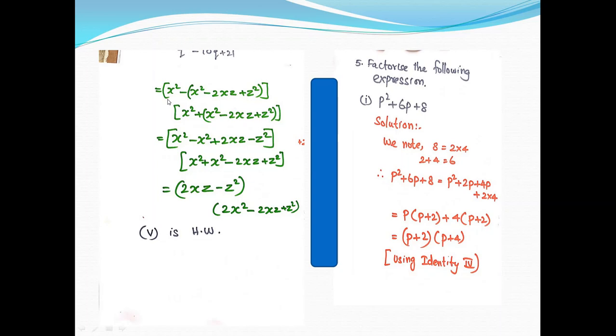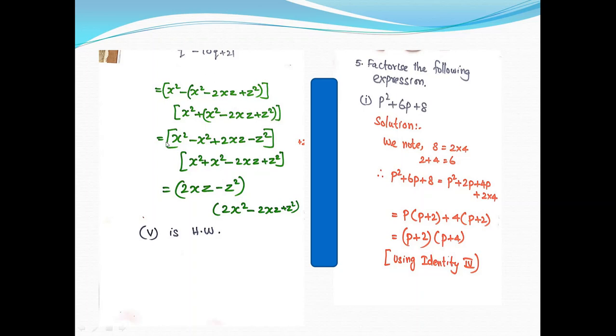Okay, see here. The next step will be x square minus x minus z square to the whole square, that is in the form of a minus b to the whole square. So by using identity number 2, we can rewrite it as x square minus 2xz plus z square multiplied by x square plus x minus z square to the whole square, again expanded as x square minus 2xz plus z square.